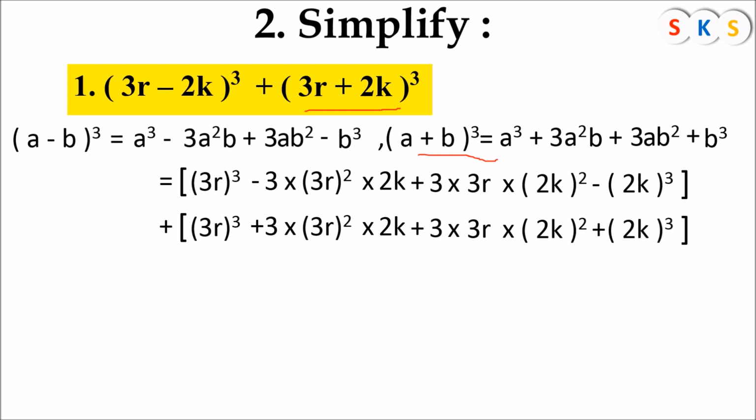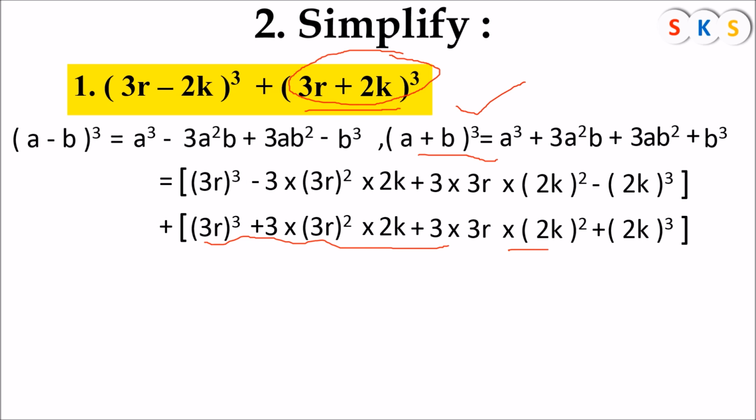So you can see I have expanded 3r plus 2k the whole cube using the a plus b the whole cube formula, and the expansion of this is this, right?